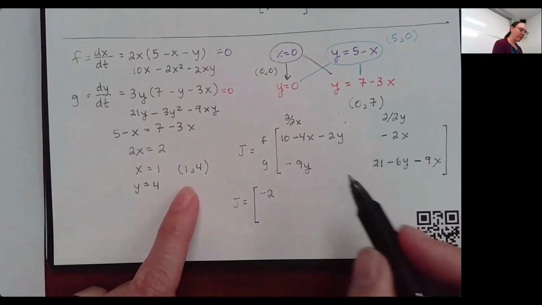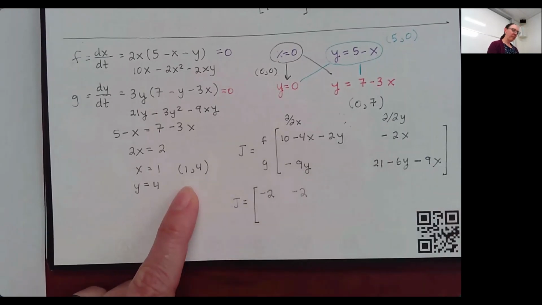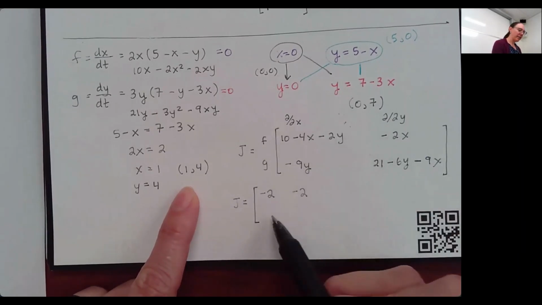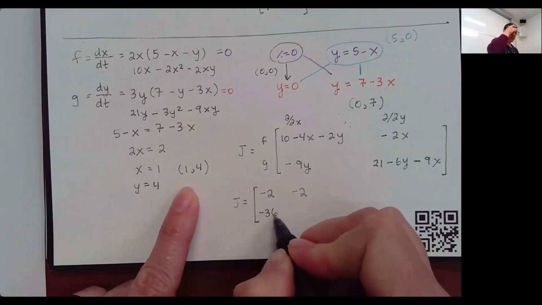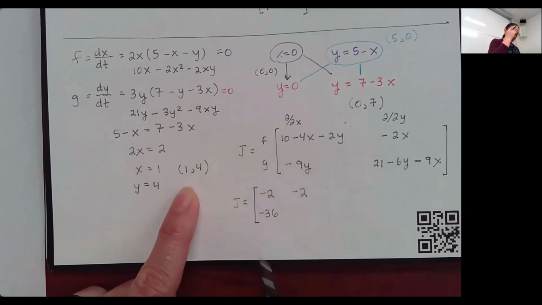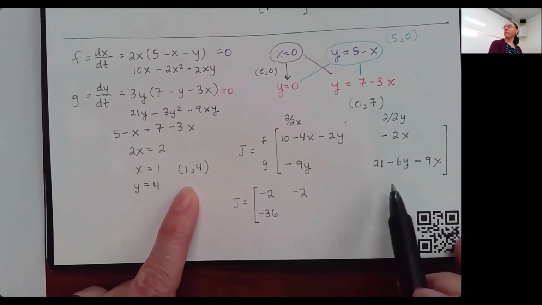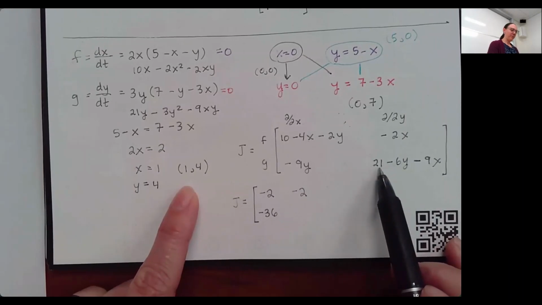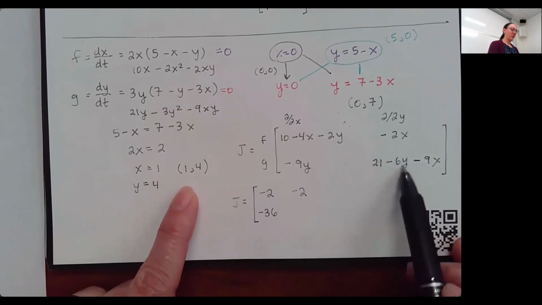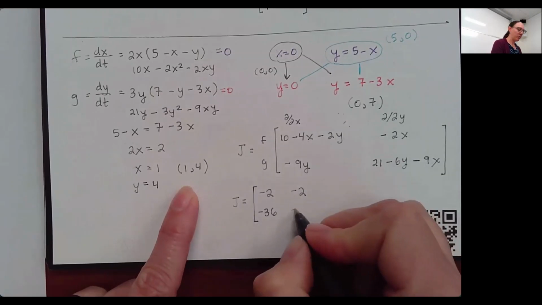And another -2. And if y is 4, that's -36. Now I've got 21 minus 24, so that's -3, minus 9, so -12.